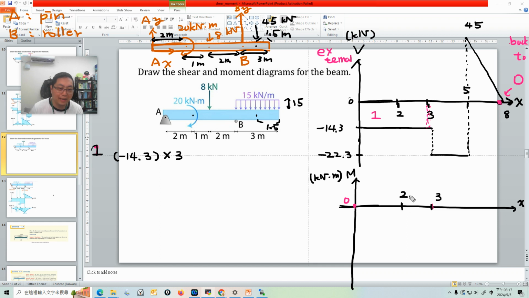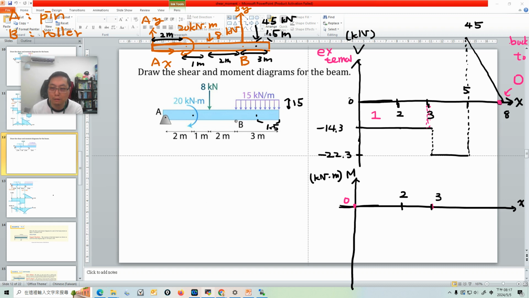Be careful, it's very easy to get it wrong. For the moment diagram we have to draw 0 to 2 first, because at position 2 there is an external moment here. So we cannot draw 0 to 3 directly. So 0 to 2 first.